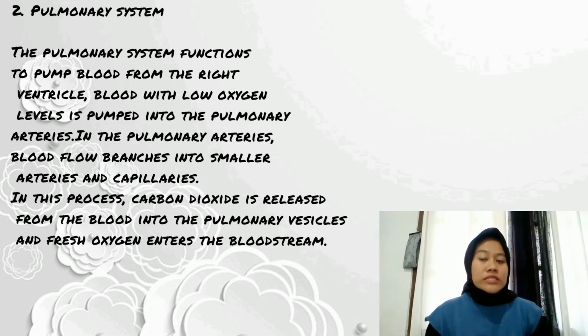The second is the pulmonary system. The pulmonary system functions to pump blood from the right ventricle, with low oxygen levels, into the pulmonary arteries. In the pulmonary arteries, blood flows and branches into smaller arteries and capillaries. In this process, carbon dioxide is released from the blood into the pulmonary alveoli and fresh oxygen enters the blood streams.